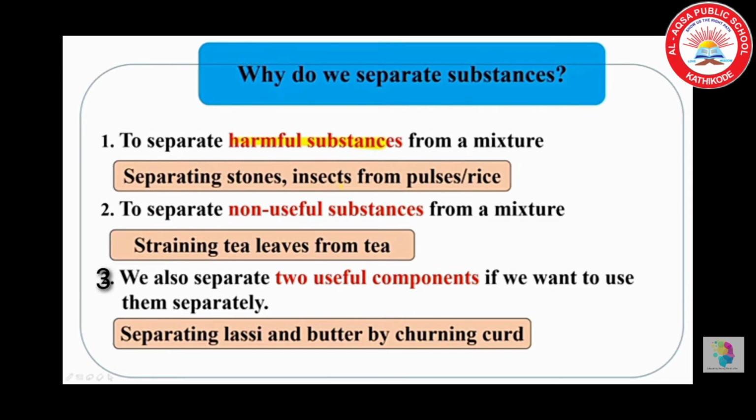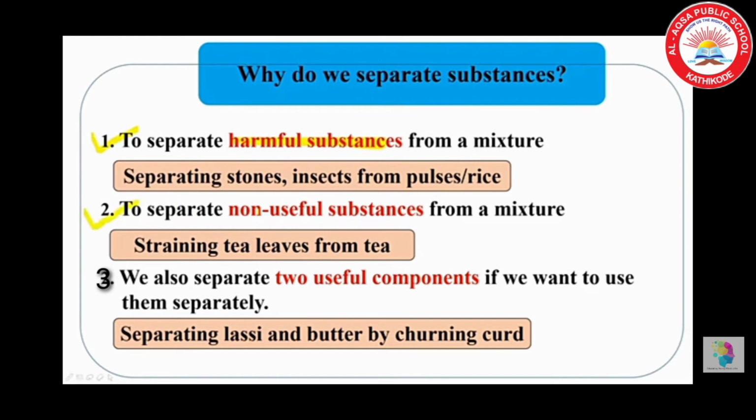Harmful substances, for example, sometimes grains contain stones, insects, etc. These stones and insects are harmful ones. So we have to separate those harmful substances from the mixture.